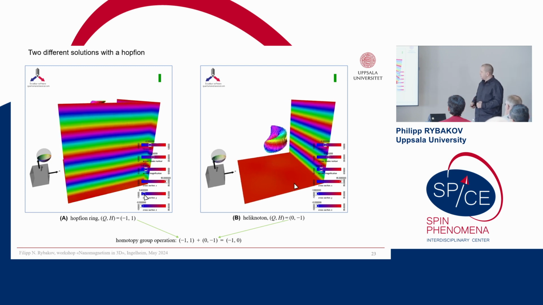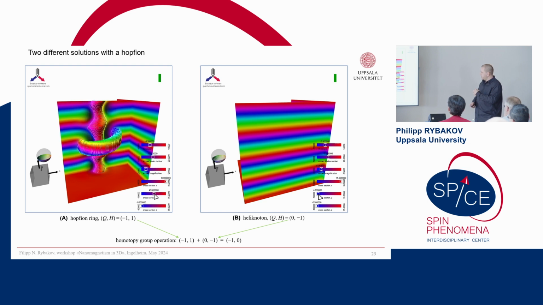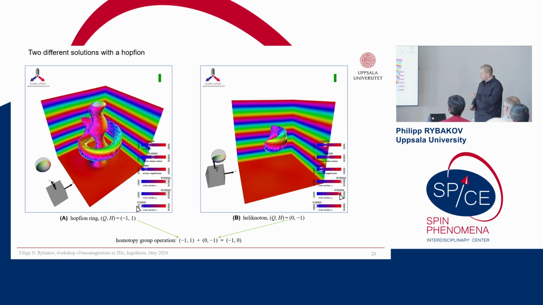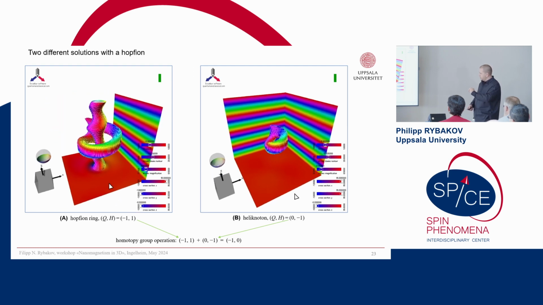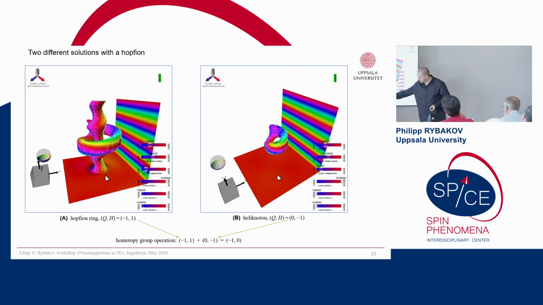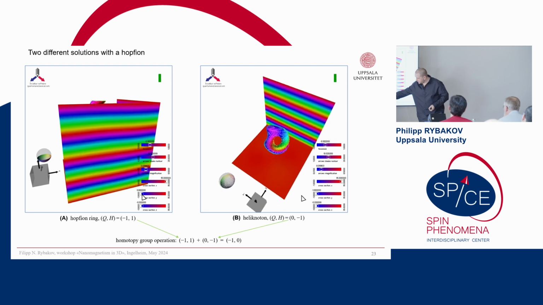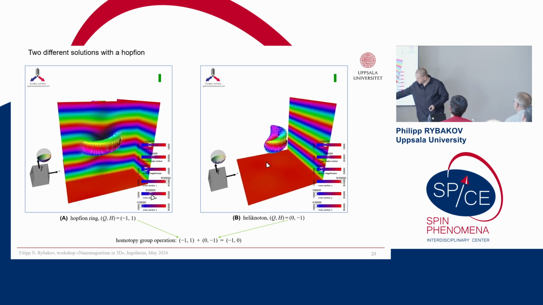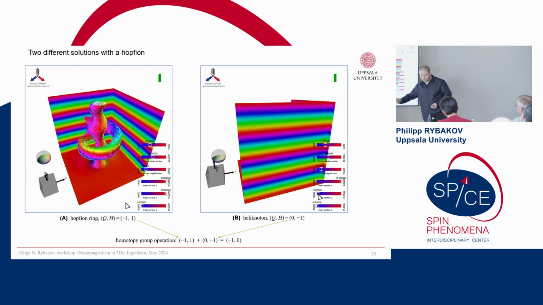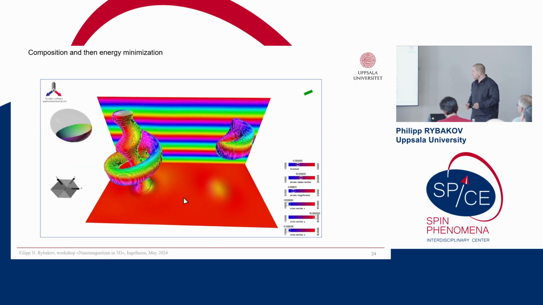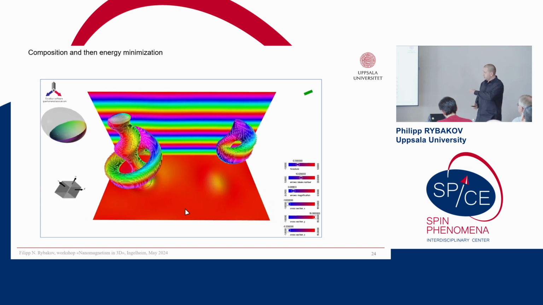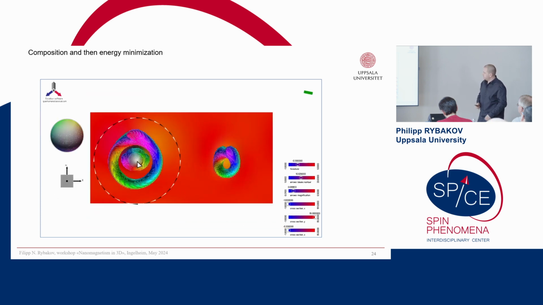We can take a hopfion ring and a helicoidal object. The helicoid has Hopf topological charge -1, and the ring has +1. So we can check with our isomorphism to the cross product of integers that putting these together is equal to just a skyrmion string. And we can compute this numerically by combining these two together.